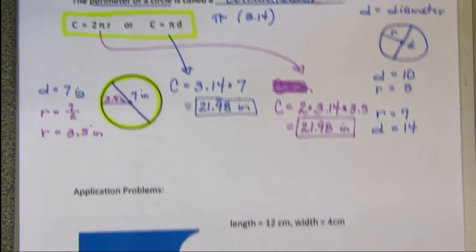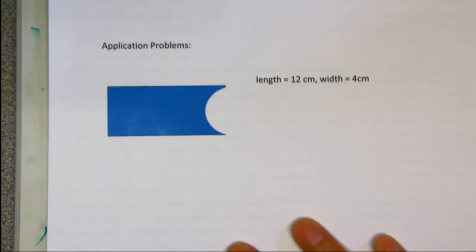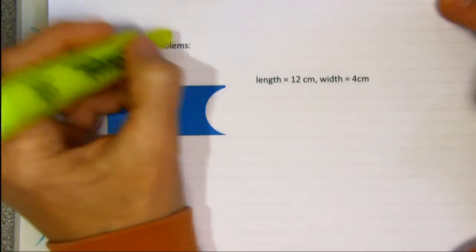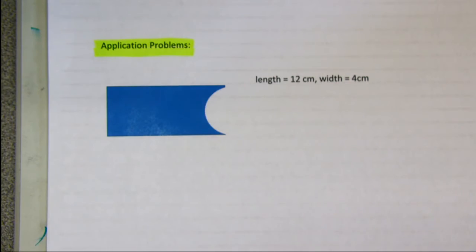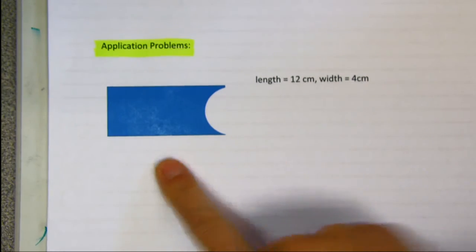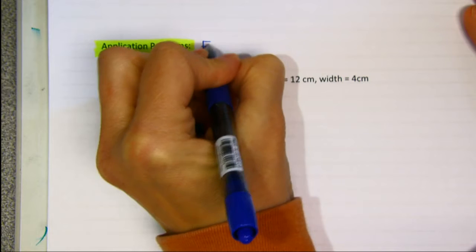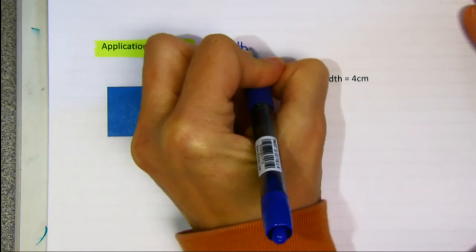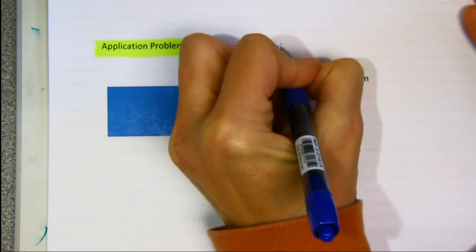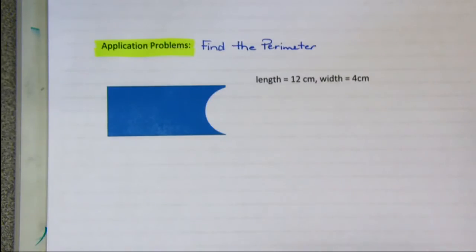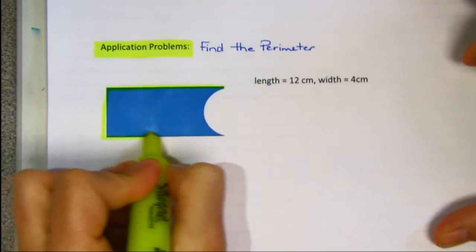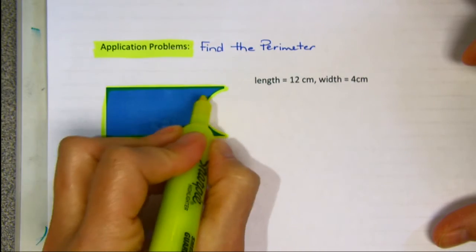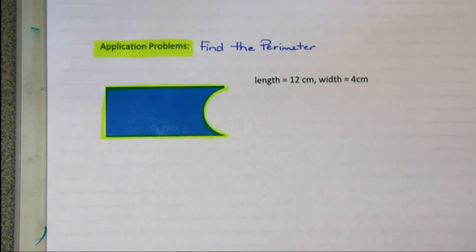All right, so now we're going to take perimeter and circumference, and we are going to look at application problems. Okay, so here's my picture, and I want to find the perimeter, which means if I was to walk around the distance all the way around, I want to know what's highlighted in yellow.